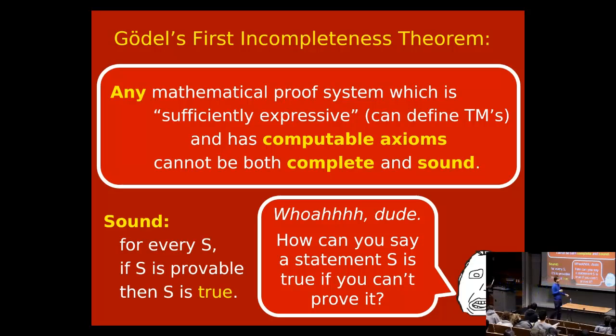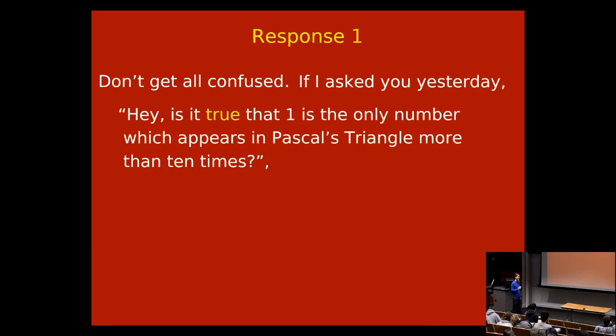And the resolution of this, well, there's a sort of a two-part resolution. First step is to not get confused. I mean, if I asked you yesterday, hey, is this statement true? 1 is the only number appearing in Pascal's triangle more than 10 times. That's just some math question. Is it true that the only number in Pascal's triangle appearing at least 10 times is 1?